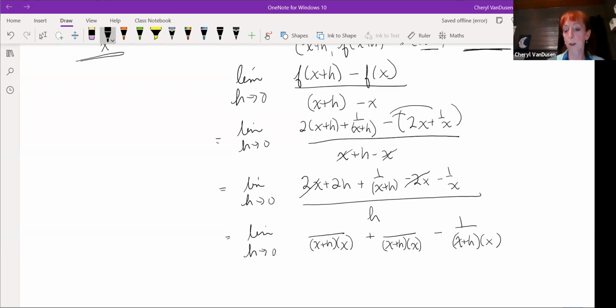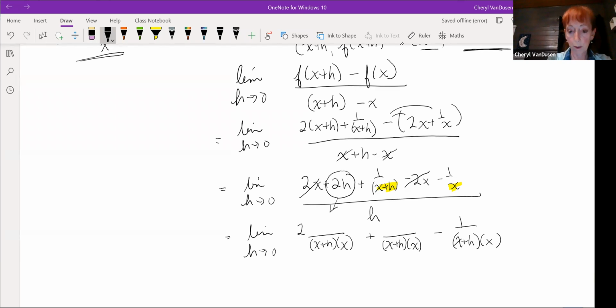So our common denominator is our denominators. One denominator, I'll just highlight it, x plus h. The other denominator, x. Okay, now we have to find the new numerators. So our original term here is 2x. And we don't have any denominator there.